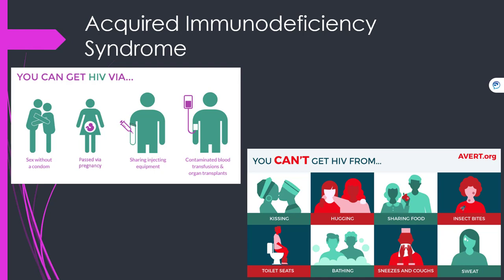We can also contract HIV by sharing injection equipment with someone who is HIV positive, and also receiving contaminated blood transfusions or organ transplants. You cannot contract HIV from kissing, hugging, sharing food, insect bites, using toilet seats, bathing, from someone sneezing or coughing around you, or by sweat droplets.